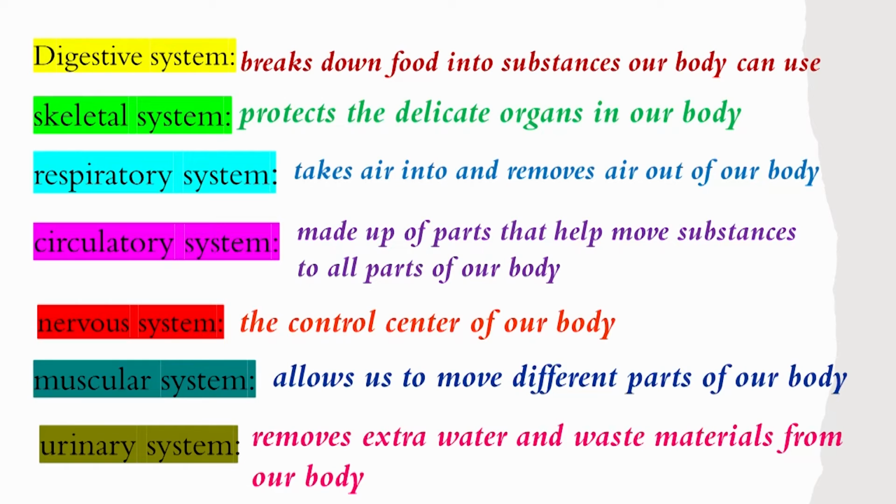And the nervous system is the control system of our body. The muscular system allows us to move different parts of our body. And the urinary system removes extra water and waste material from our body.